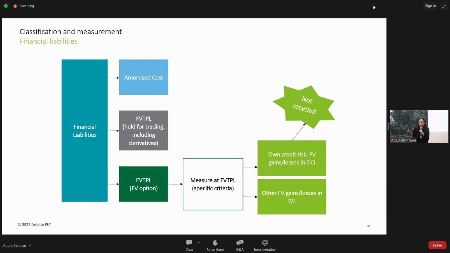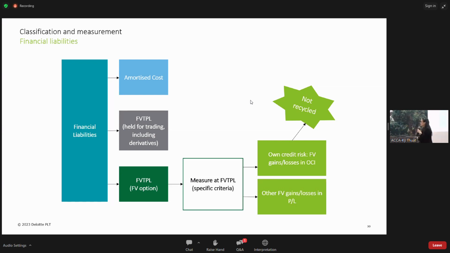They say you don't take that gain to P&L. It's to the OCI, okay? In a way, they also don't want you to tamper with the profit or loss position on matters such as this, where it's a credit risk in relation to yourself and not transactional with a third party. Okay? Then all other fair value gains and losses will go to P&L.